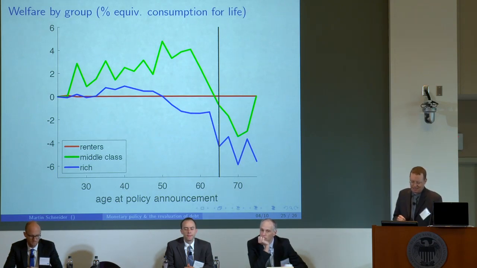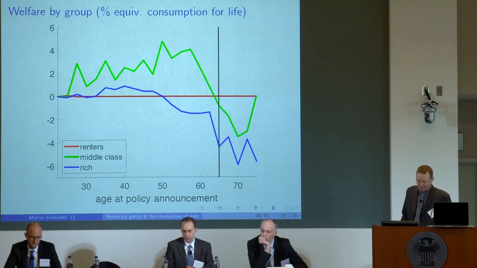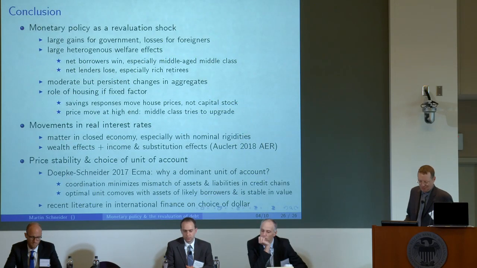And the result is that these are large differences in welfare, bad for the old people, especially the rich ones, and good for the middle class. Okay, so that is the exercise.